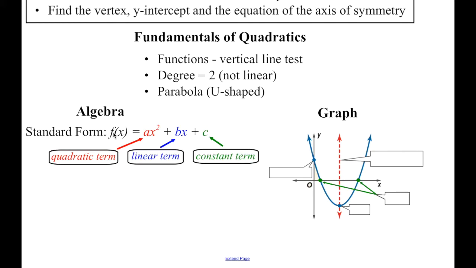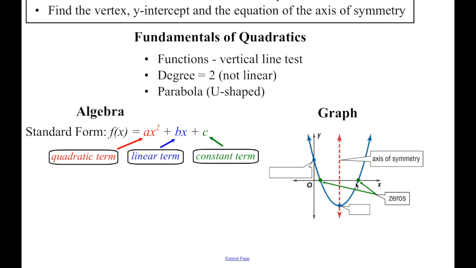Now, a couple of other things on the graph of all quadratic equations. You will always have this line of symmetry right here, that red dotted line that you see. That is called the axis of symmetry. And basically, if you were to fold your parabola along that line, it would be symmetrical about that line. Both sides would be exactly the same. We talked a little bit about these points where it crosses the x-axis. Those are called zeros. And in our next lesson, we'll talk a little bit more about those.